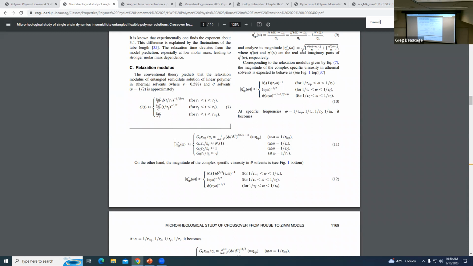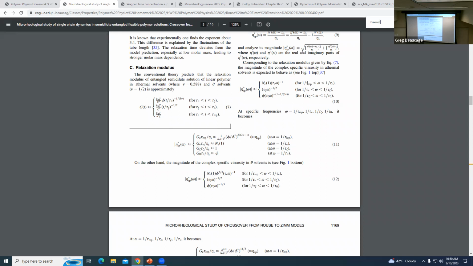So the specific viscosity versus frequency, and what are the power law dependencies for a good solvent and for a theta solvent. Good solvent he calls athermal, but basically it's good solvent versus theta solvent. And nu is 1 over df, so nu is 3/5 if it's a good solvent. Right. So from those he can predict.